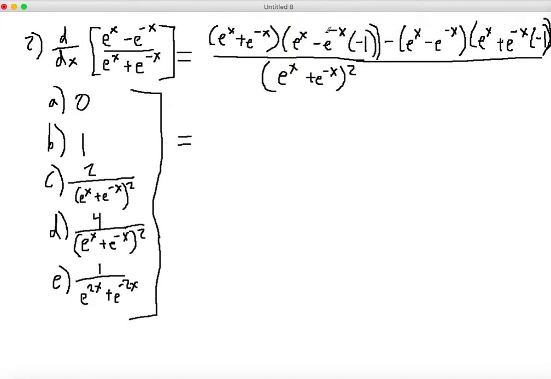First thing I'm going to do is rewrite these, and I'm just going to simplify the second term in each. I'm going to multiply that last term by its negative. So we have e to the x plus e to the negative x times what happens to turn into the same thing, plus e to the negative x.